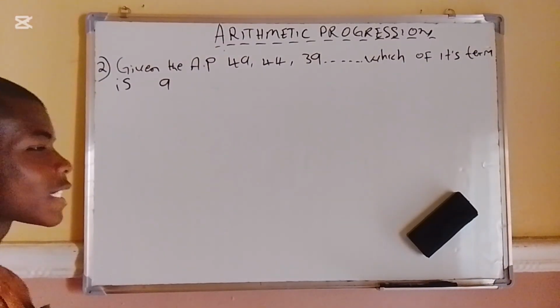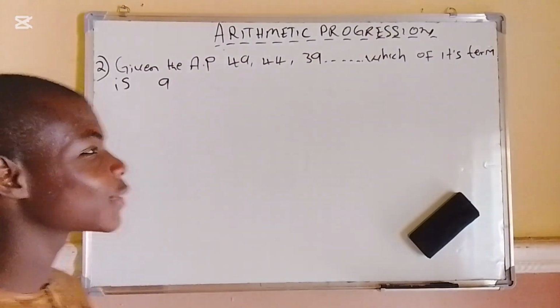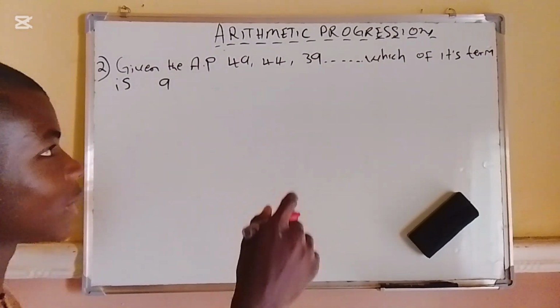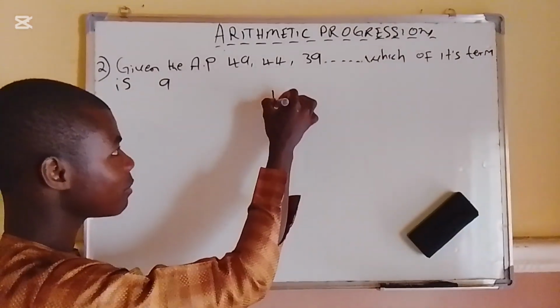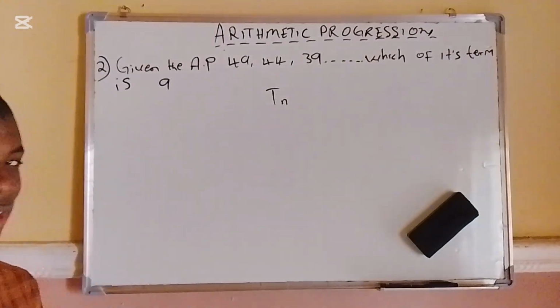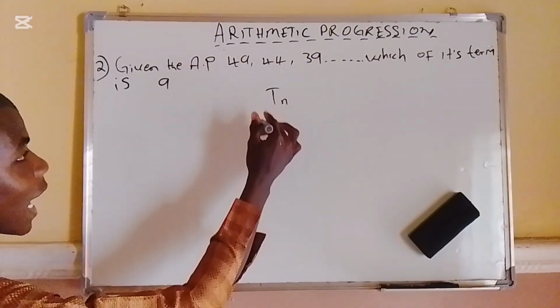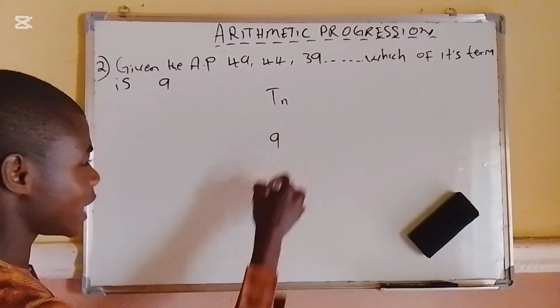Given the AP 49, 44, and 39, which of its terms is 9? From the first question, we are not given the term. What is a term? Term is this T of n. The term we are given here is 9.